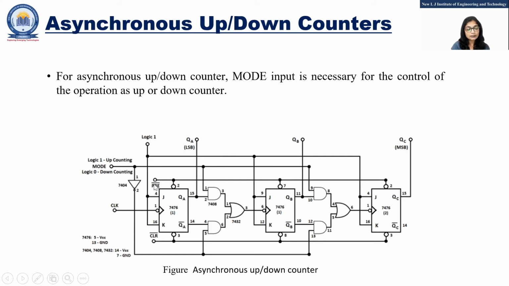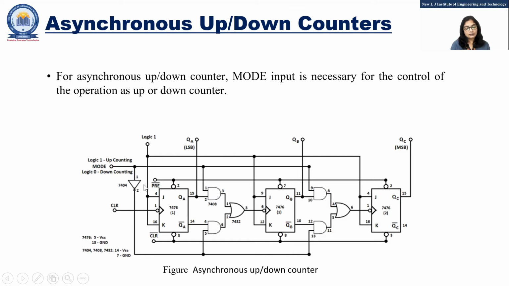So if I give this signal logic 1, then internally it will be 0. And similarly, suppose I am applying CLR bar equal to 1, then internally it will be 0. Meaning whenever I apply 1 here, it will clear the flip-flops.